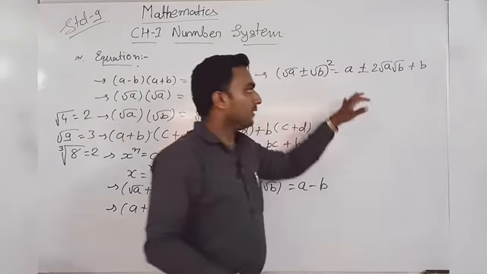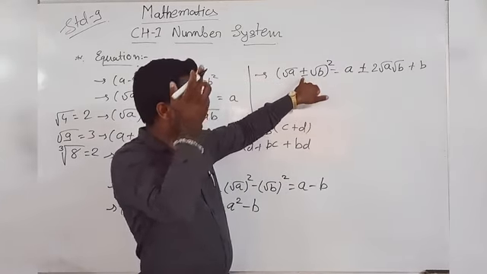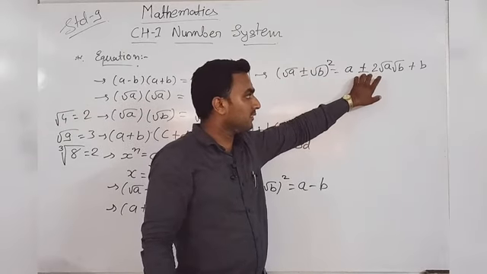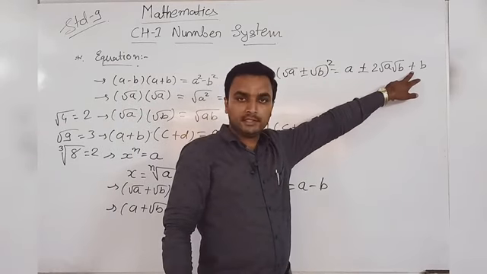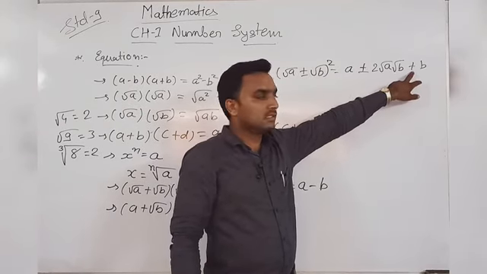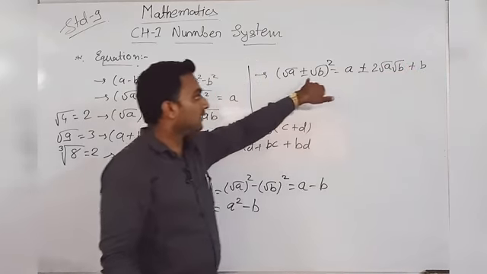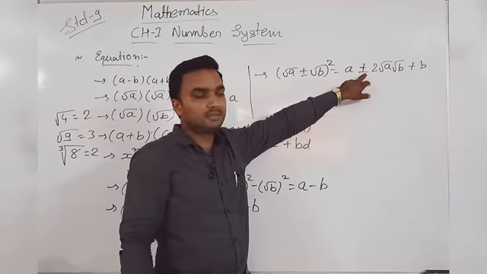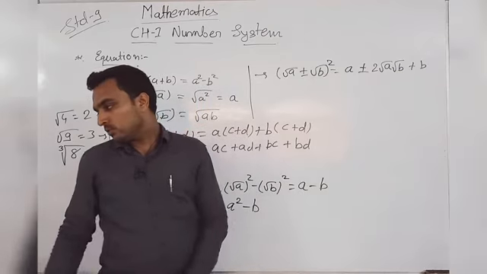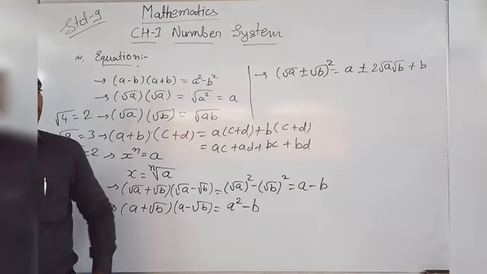So you have to remember that if here it is plus, then the answer will have plus. Here we do not change this one. This is obviously plus, but if it is minus, then the answer will have minus. Clear? So do not change the sign of b.